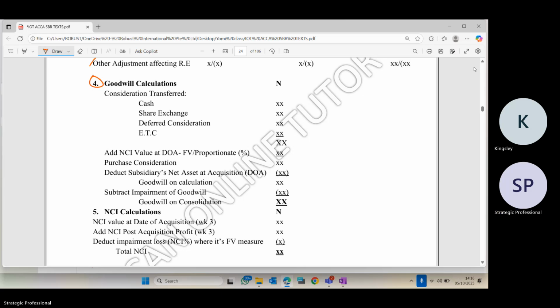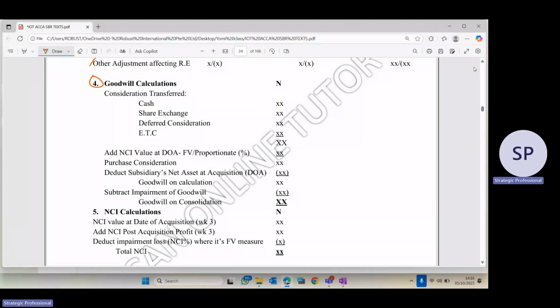Then, it's either cash, share, deferred, contingent, whatsoever. Add NCI value at DOA, date of acquisition. It's either using the fair value or the proportionate share.